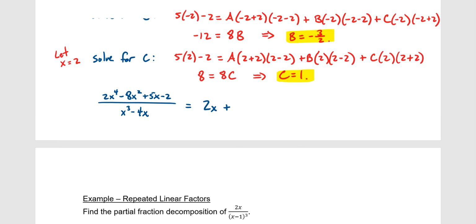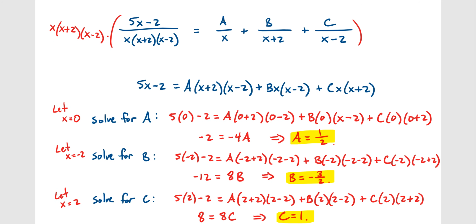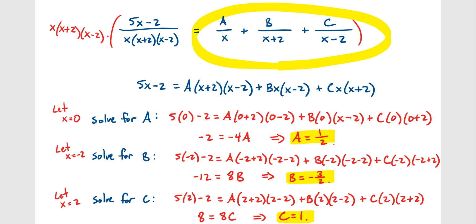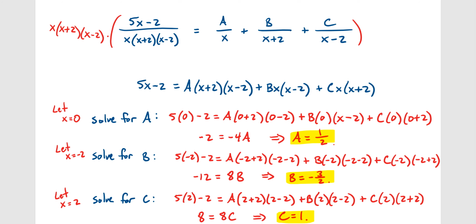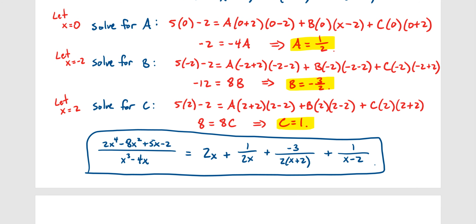But instead of using that version of it, let's use the version right here by plugging in a, b, and c. So plugging in a, b, and c into that, we end up getting 1/2 over x, which simplifies to 1 over 2x, plus negative 3/2 over x plus 2, which simplifies to negative 3 over 2 times x plus 2, plus 1 over x minus 2.